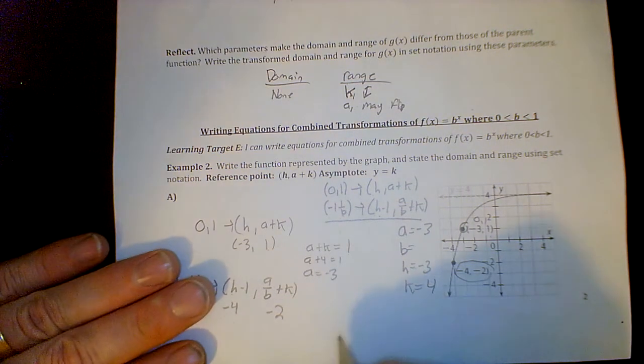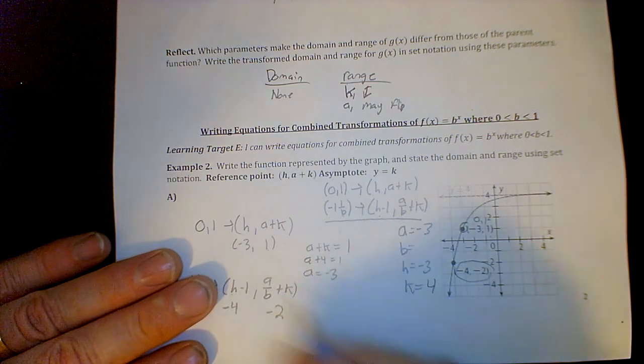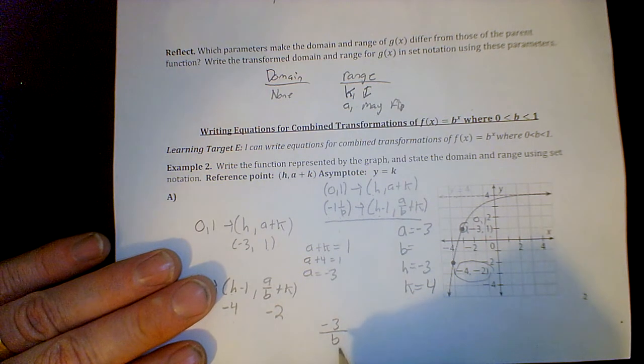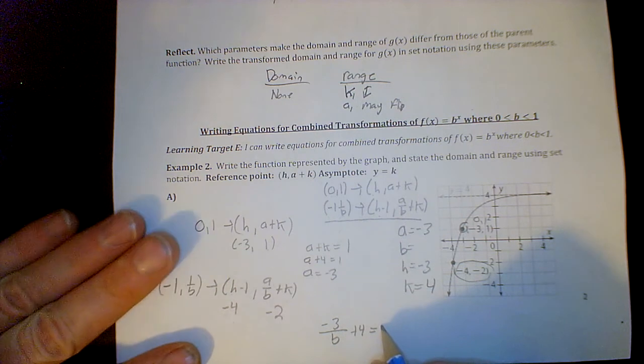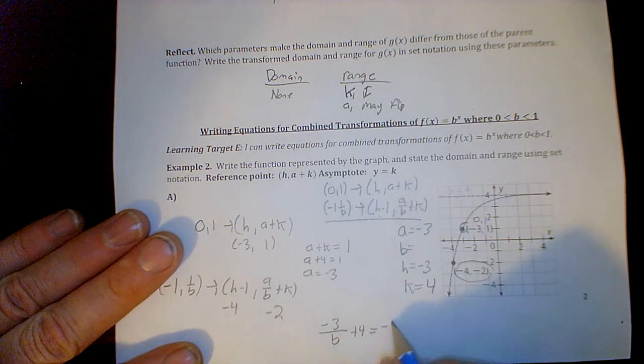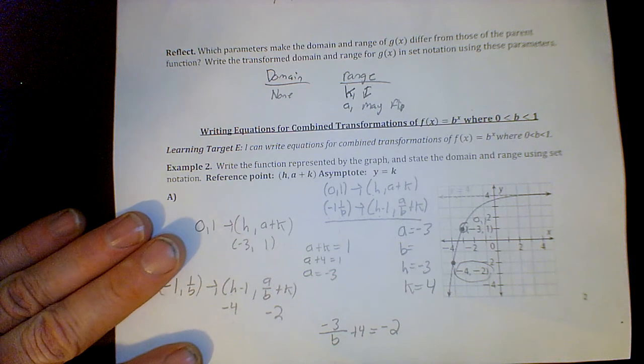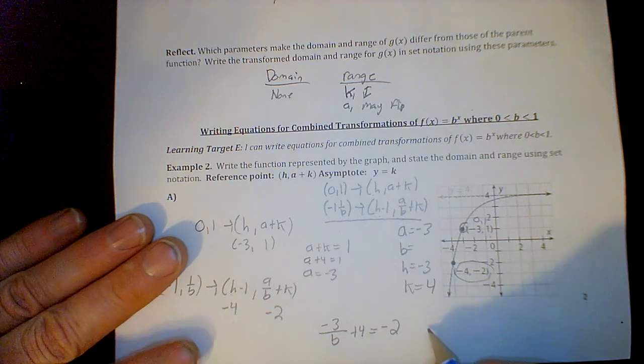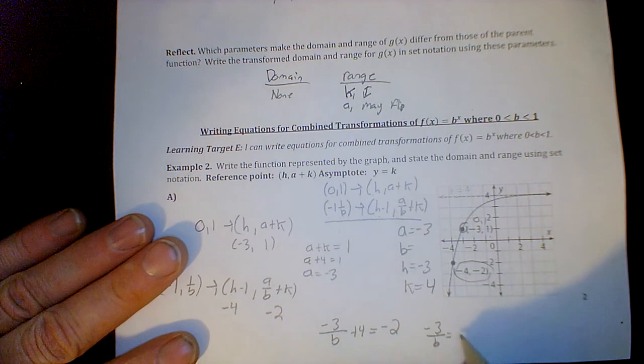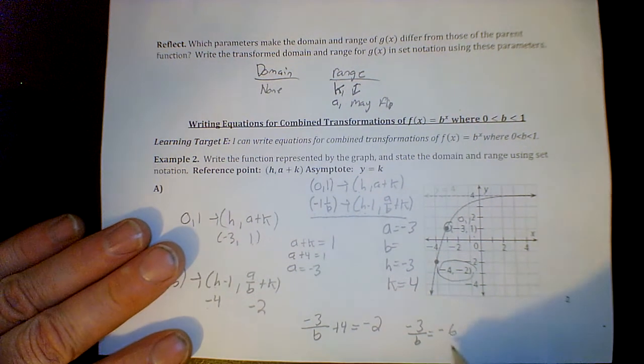And then I'm going to write A over b. So A is negative 3, so this value right here is negative 3 over b, plus K, we got plus 4 equals negative 2. If we subtract 4 from both sides, we get negative 3 over b equals negative 6. Let's just cross multiply.